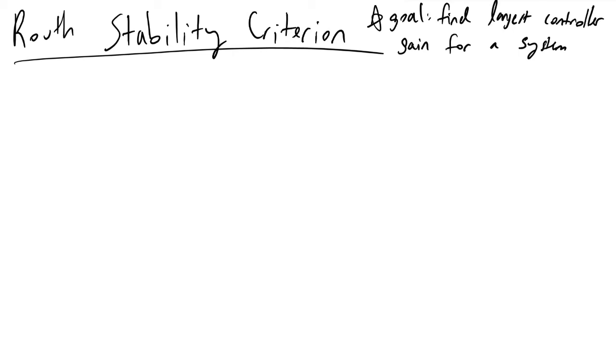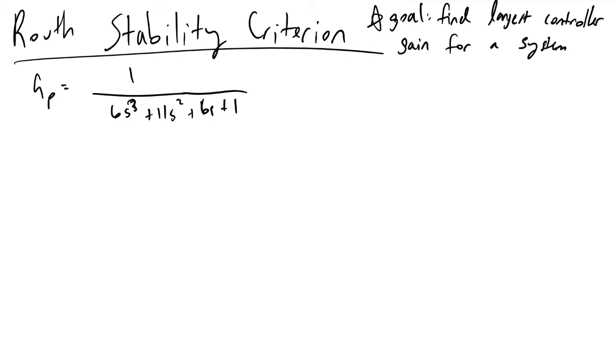And to start off with, let's consider the process transfer function GP, which is equal to 1 over 6s cubed plus 11s squared plus 6s plus 1. Another thing to note about the Routh Stability Criterion is that this is a pretty high degree polynomial in the denominator of our process transfer function.